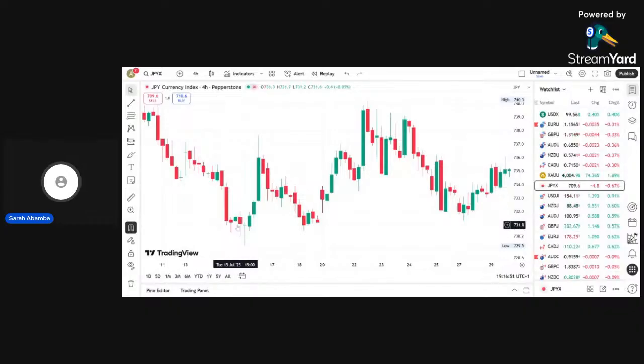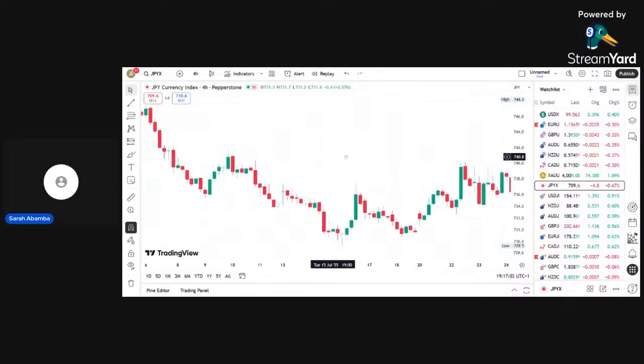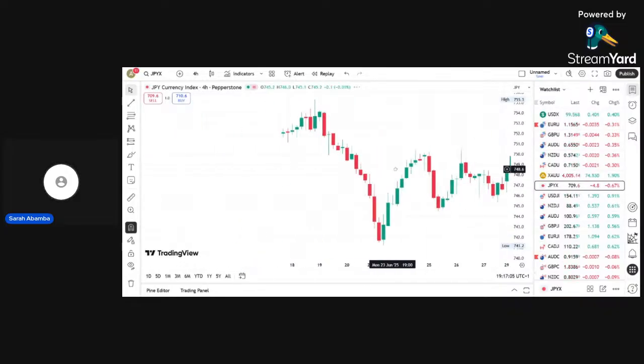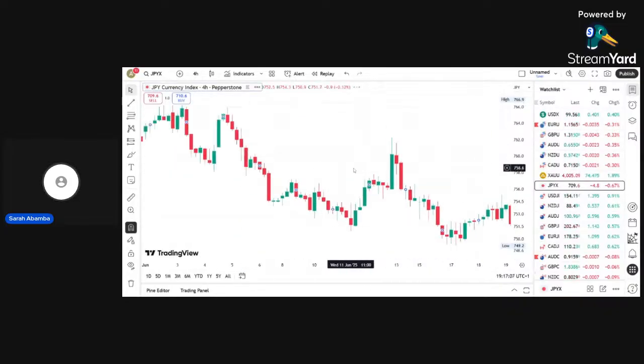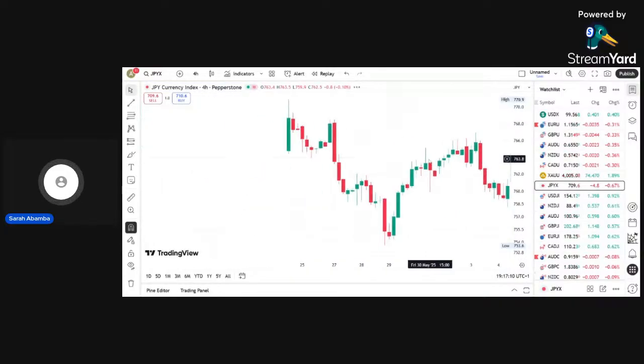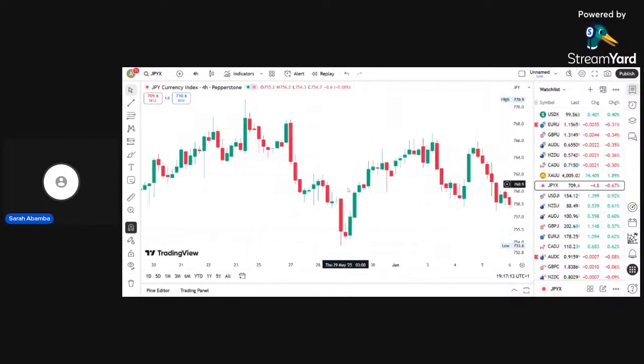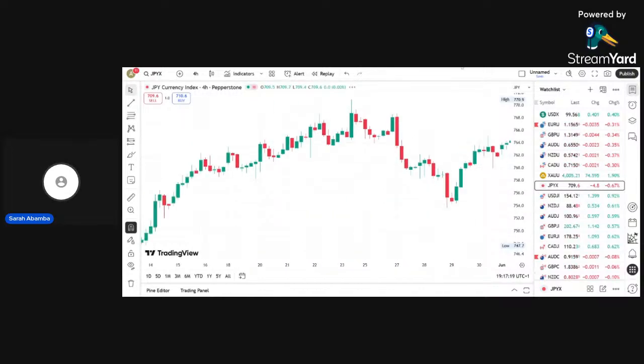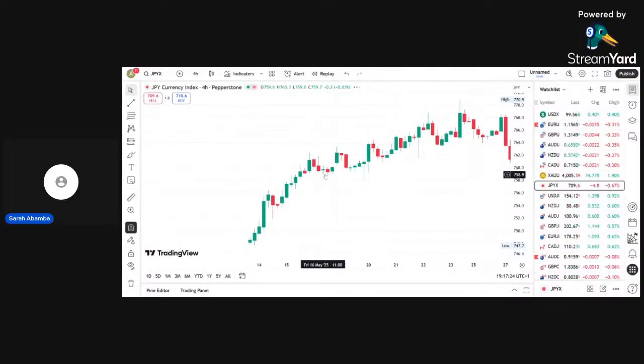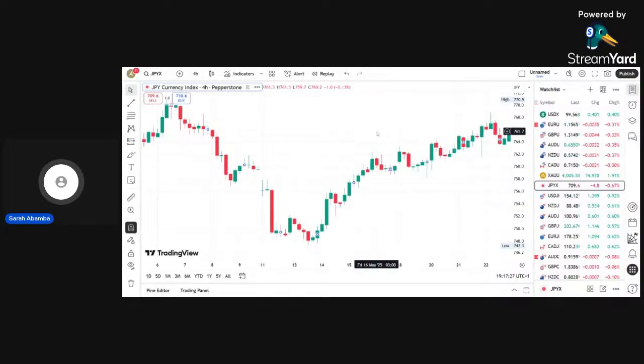So we have this first pin bar, a bearish pin bar. We have another one, bullish, and the market went up, came down, continued with the uptrend. So the examples are visible to the blind and audible to the deaf. Please, if you have any questions, drop them. This is another star pattern that was formed here. Let me take your questions so that we'll call it a day for today.